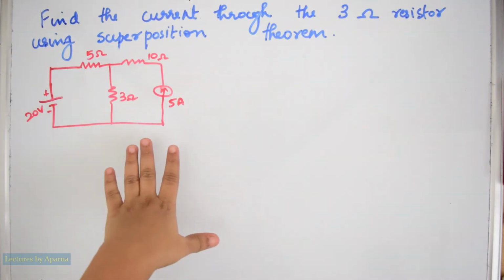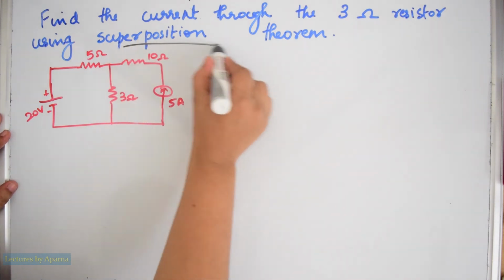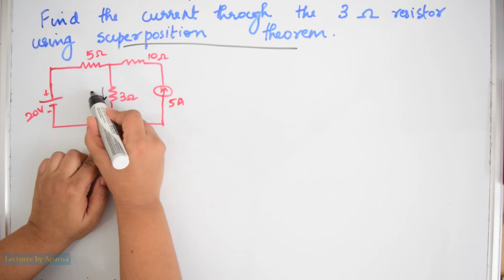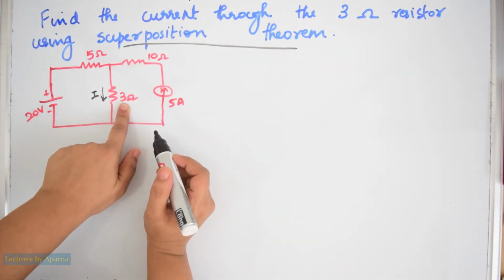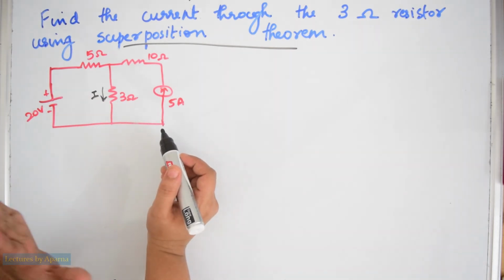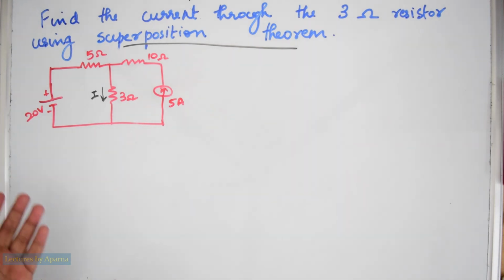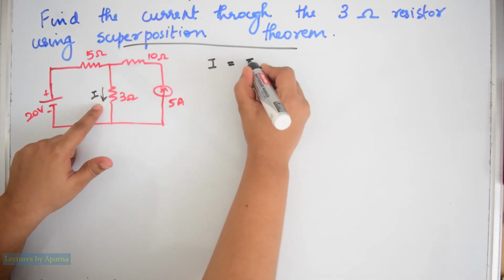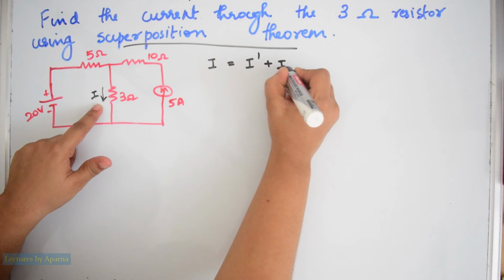Today we have a question from the superposition theorem. We have to find the current I through this 3 ohm resistance using the superposition theorem. So what does the superposition theorem say? It says that let us split the current I as I dash and I double dash.